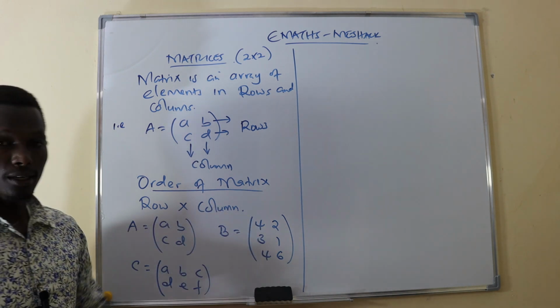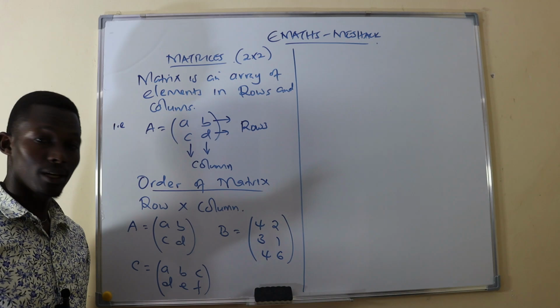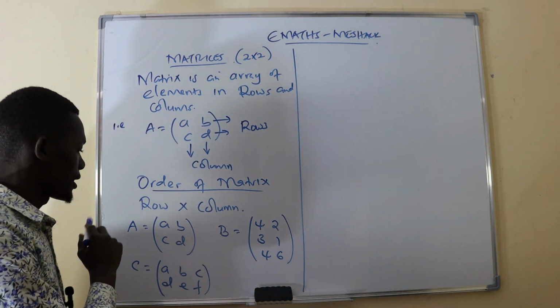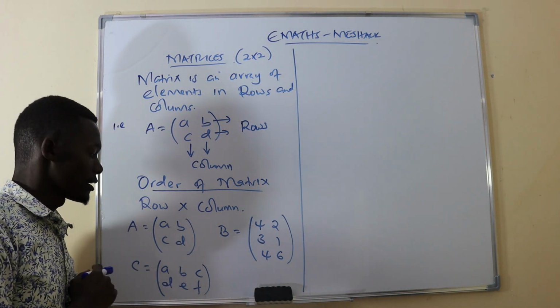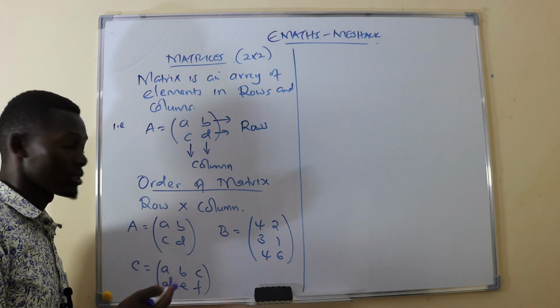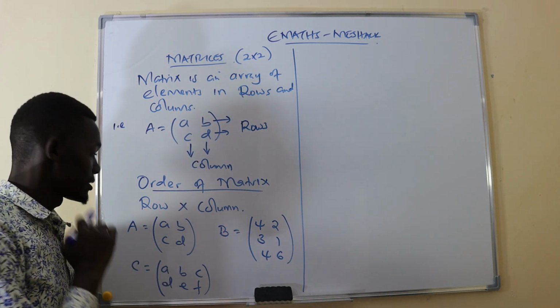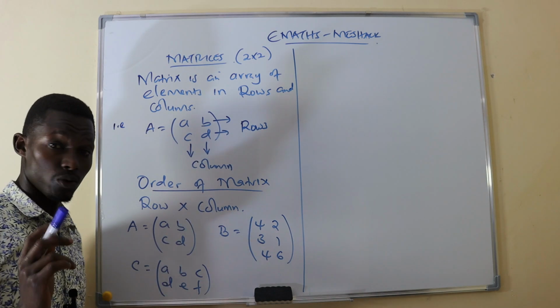These are three different matrices of different order. So how do we name them? Elements arranged vertically are called columns, and the ones horizontally are called rows. But remember, we start with the rows, then we go to the columns.